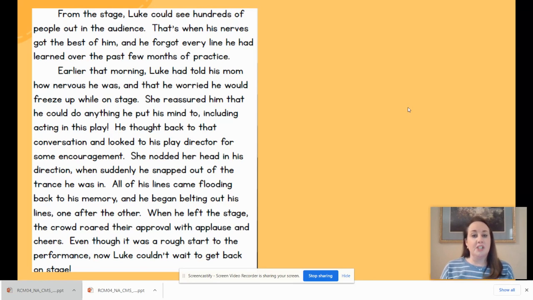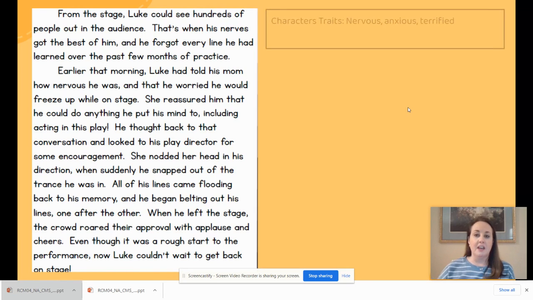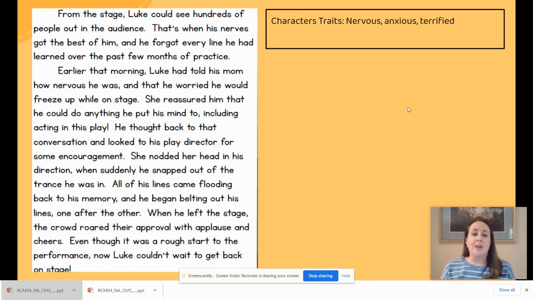All right, so what we're going to do is we're going to look at those different elements in the story that we just talked about. So first thing, let's talk about our character and character traits. Okay, so we have Luke is our main character. And looking at the story, he's talking about something that he is dealing with while going to perform on stage.